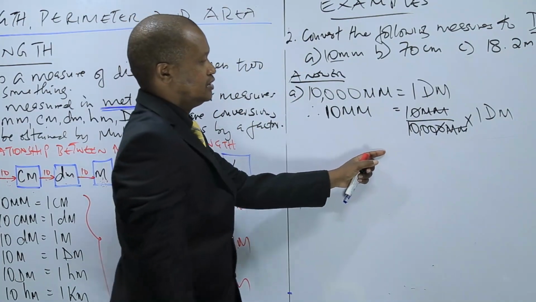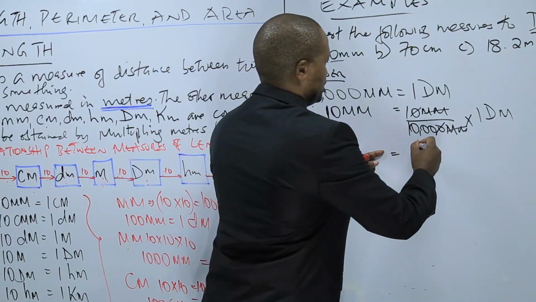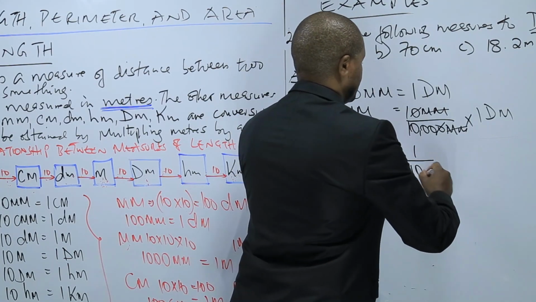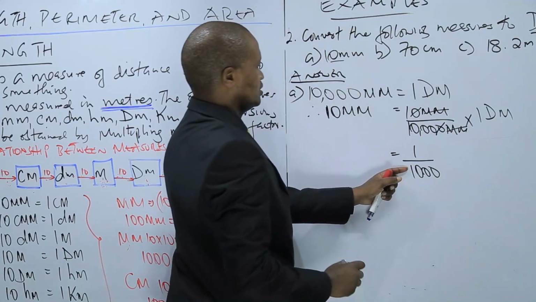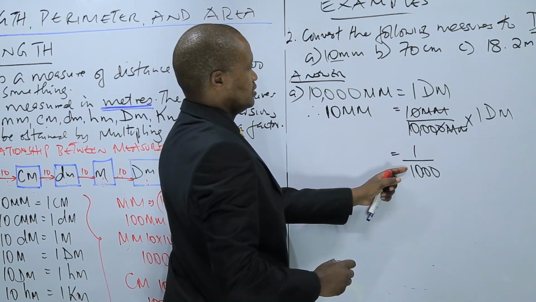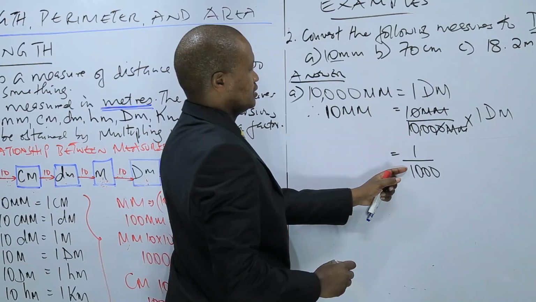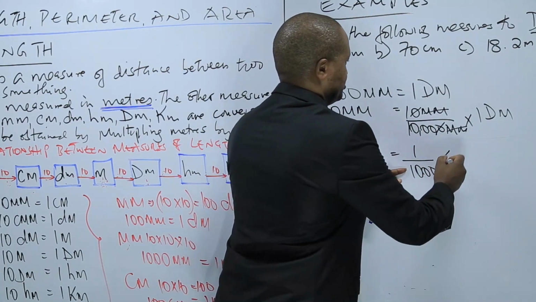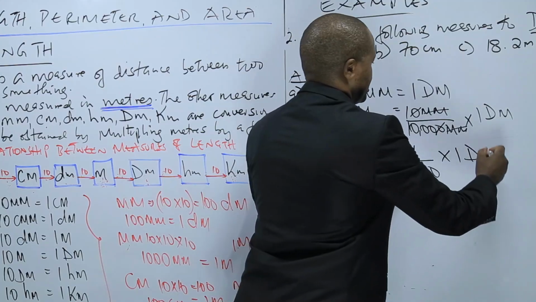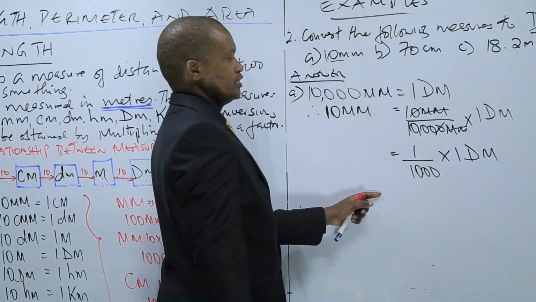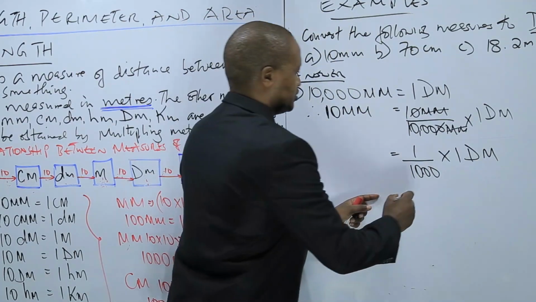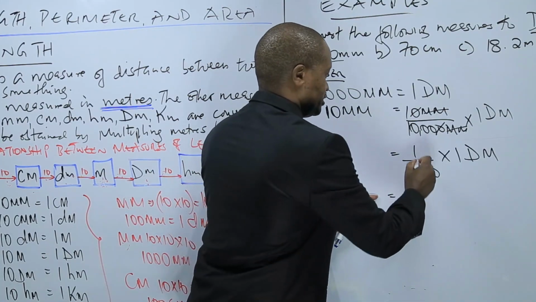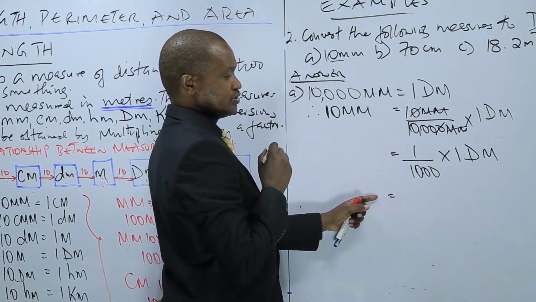Right? Then we have 1 over 1,000 times 1 decameter. This is equal to 1 divided by 1,000.